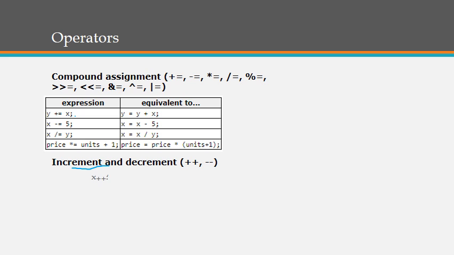If we had x equal 1, and we had plus plus x, for example, using the increment operator, this would be equivalent to having the compound assignment operator x plus equal 1, which would be equivalent, both of these, to x equals x plus 1.